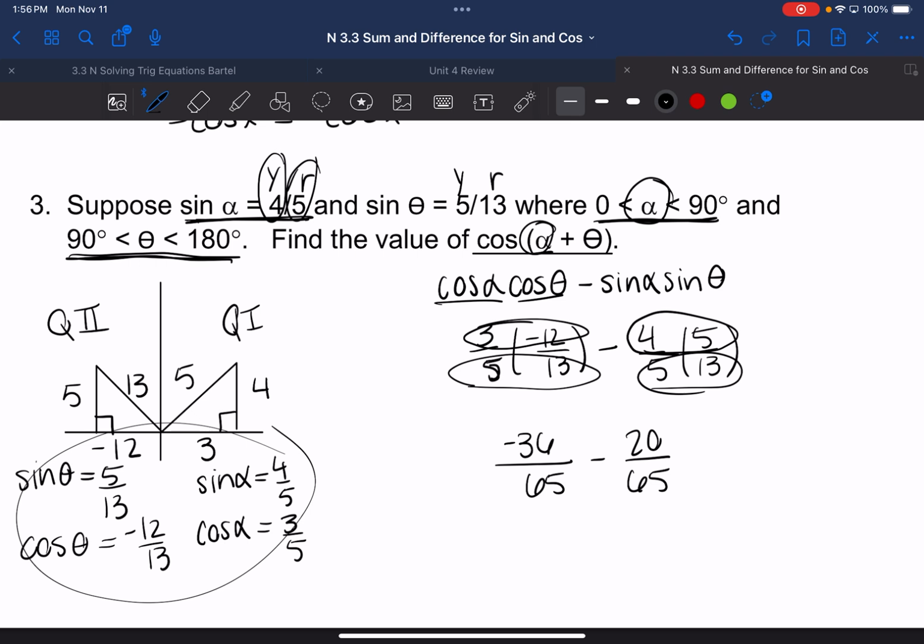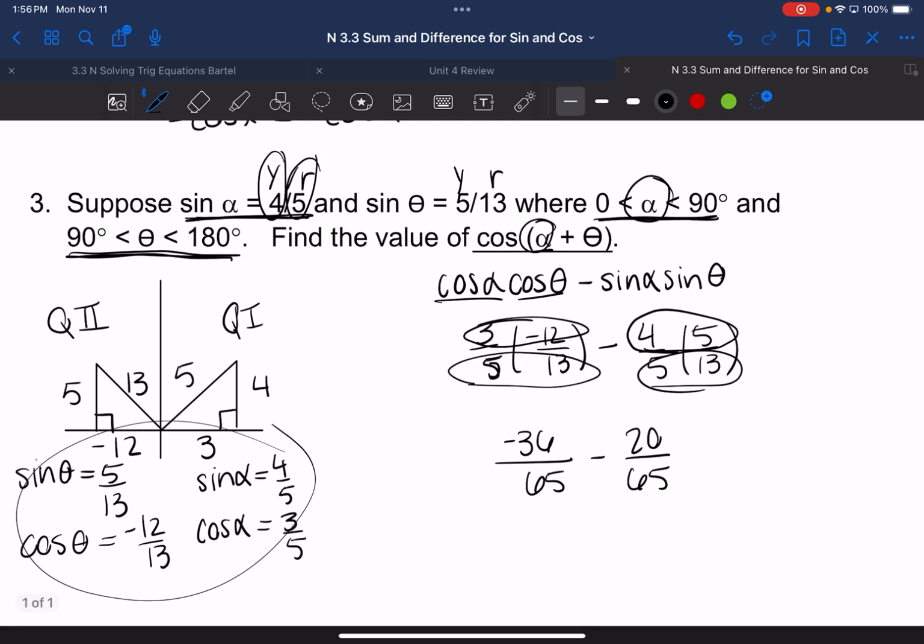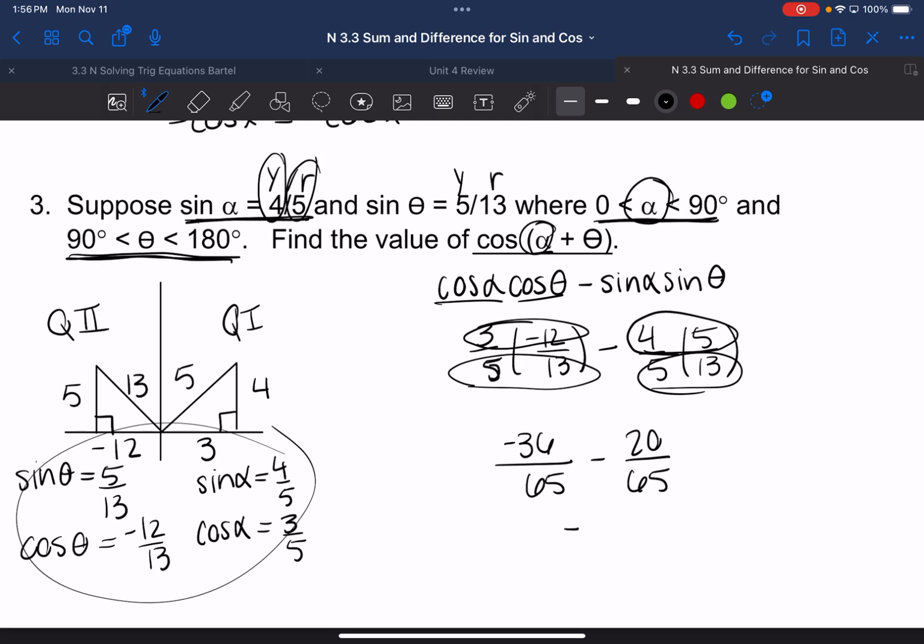So don't forget, we aren't doing anything to the bottom, just the top. So what is negative 36 minus 20? Negative 56, right? This is negative 36 minus 20, so all negatives. All over that 65.